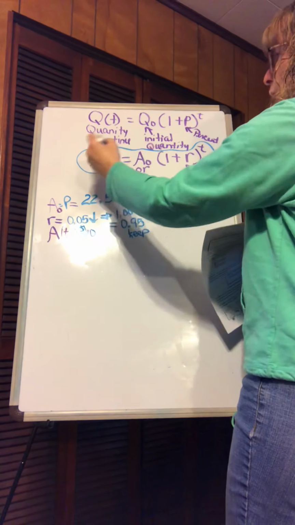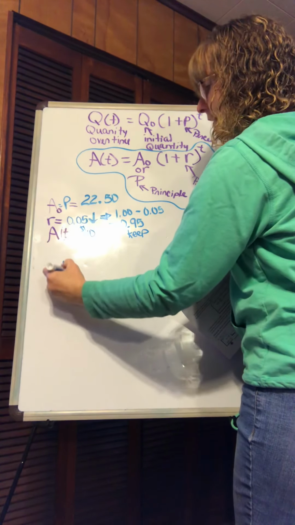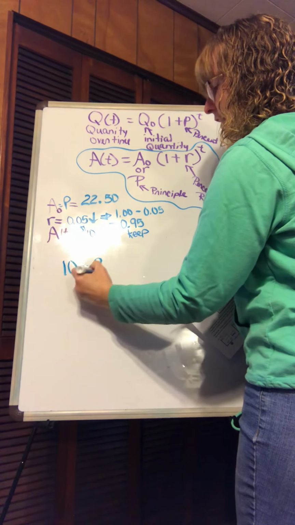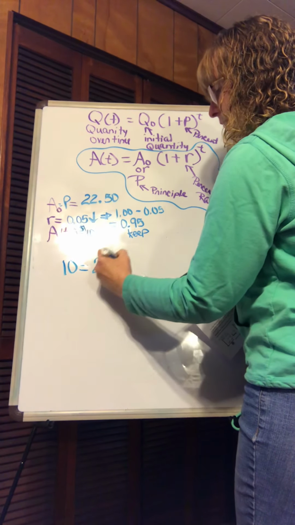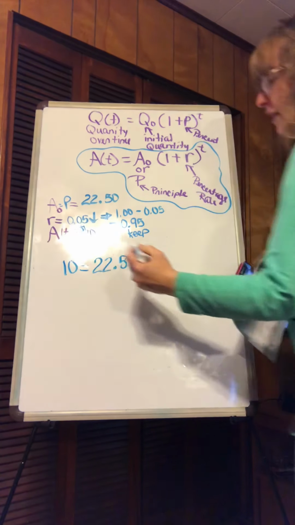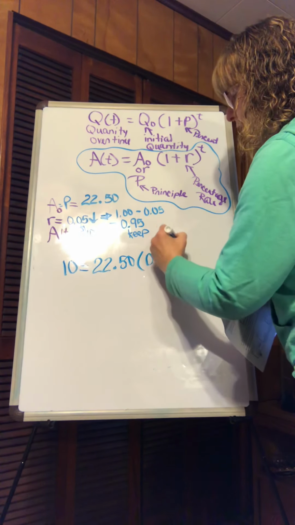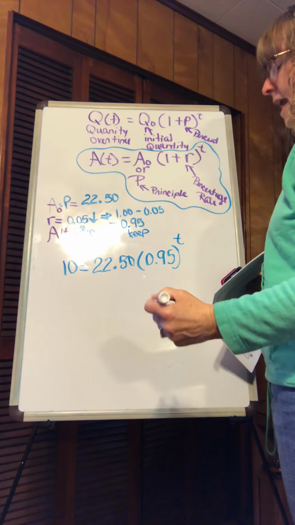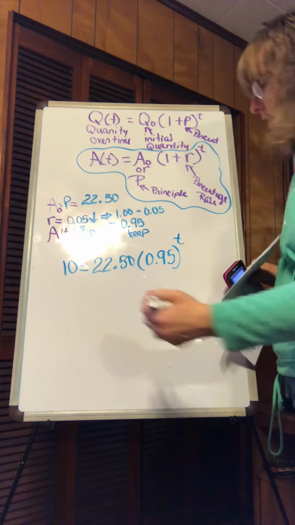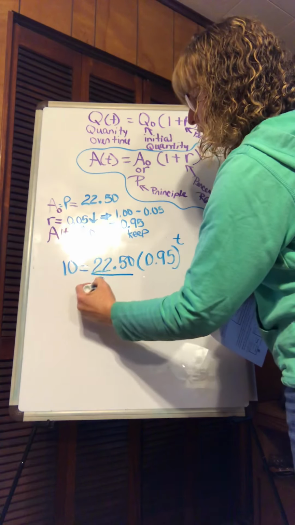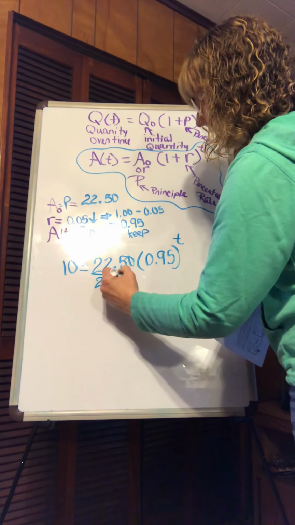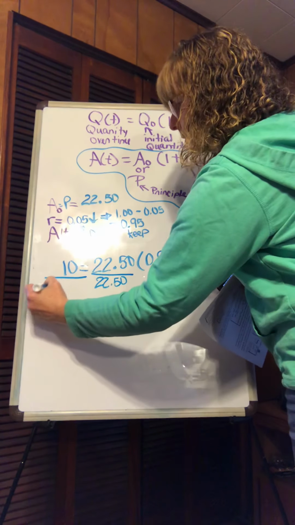So we take our equation and we fill it in. We have $10 is equal to the initial or the principal. We lost 5%, which means we're keeping 95% over time. And just like the problem we just did, we're going to divide out this $22.50 because we got to get the parenthesis by itself.